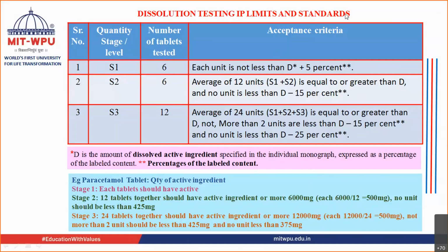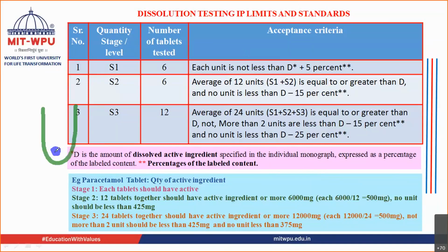So if your apparatus has 8 flasks, in 6 flasks you are going to put 6 tablets. So each flask is going to have only 1 tablet. So this is your flask. In this flask you are going to put 1 tablet.